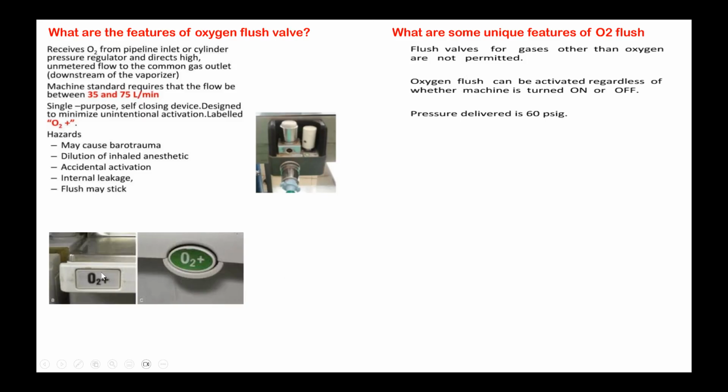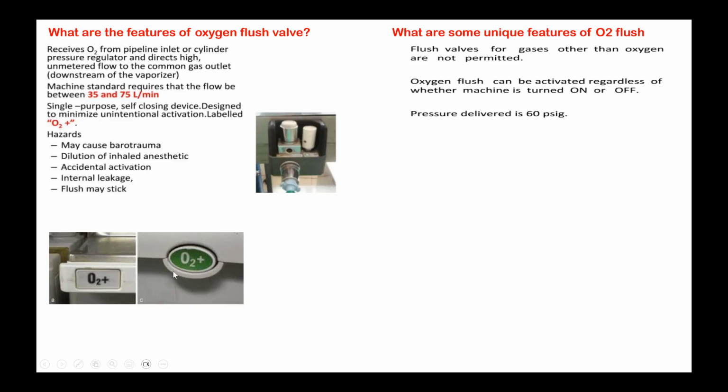So these are the two types of oxygen flush valve present in two different workstations. What is the difference you see in these two? One on the left and one on the right. There is a dip in the second one on the right, which makes it less handy.